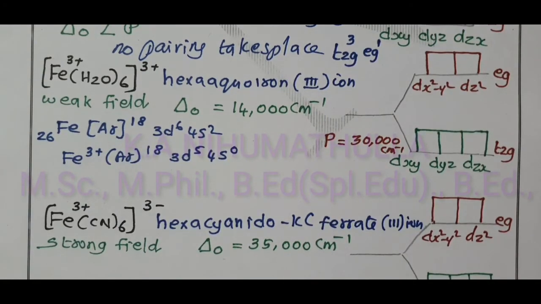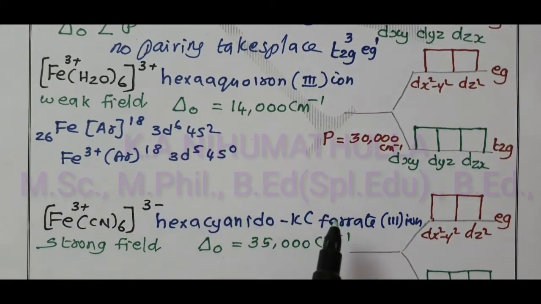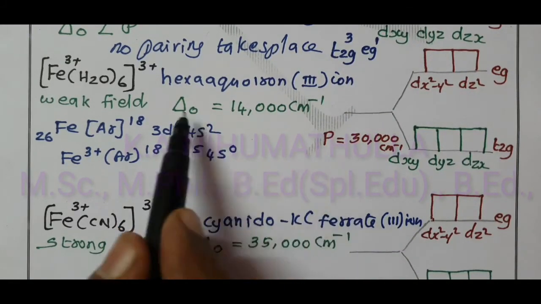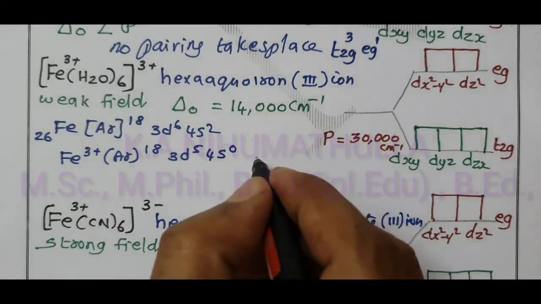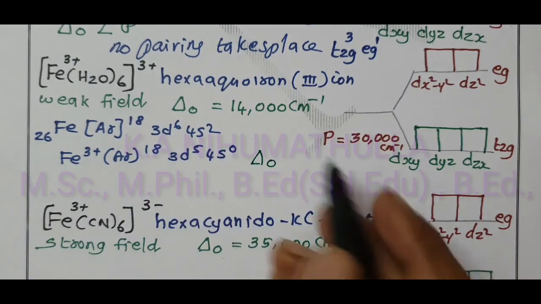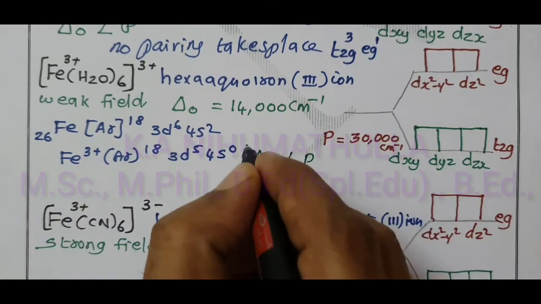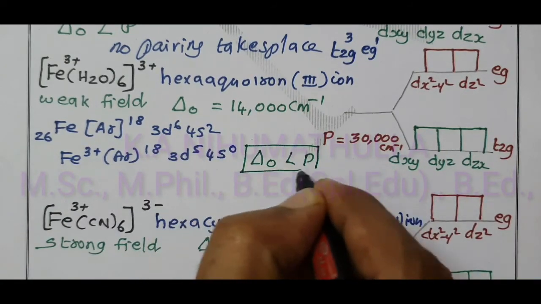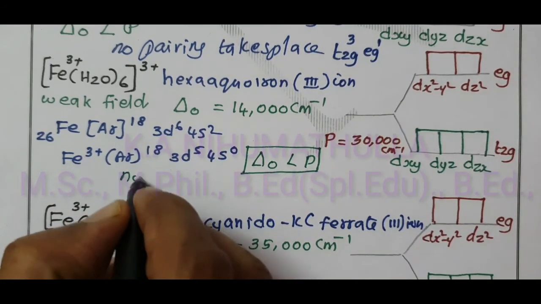For that, we have to compare the delta O with the pairing energy. When you compare these two values, we come to the conclusion that delta O, the octahedral crystal field splitting energy, is less than the pairing energy. If it is less than pairing energy, that means no pairing takes place.